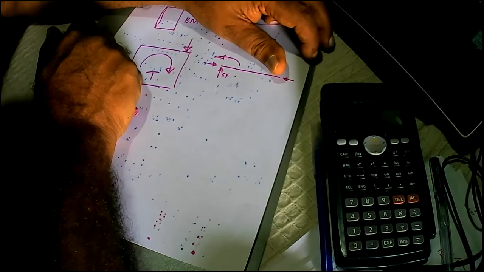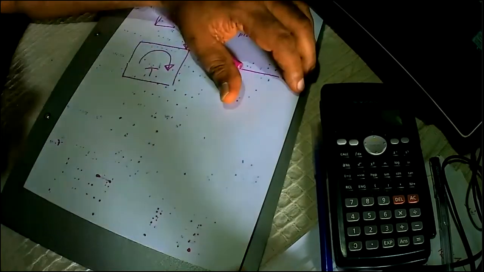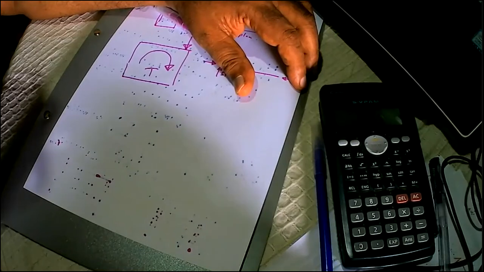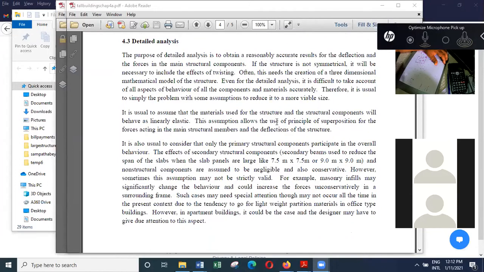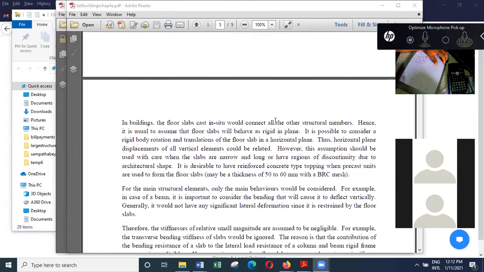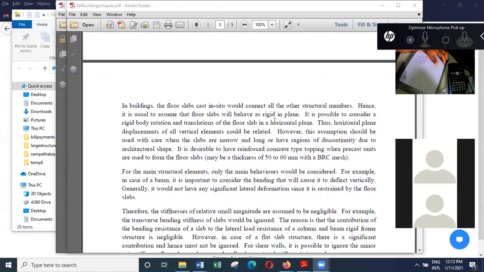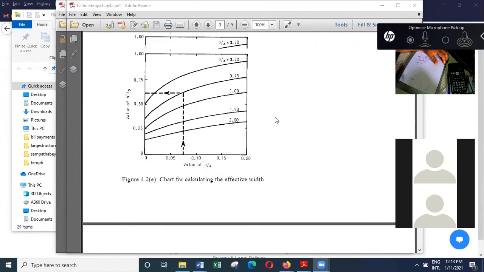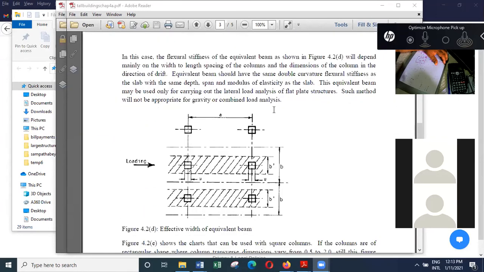So that's the summary of this note, and I'll upload it. You can just go through it. It just gives some useful information that can be used by you when you are doing 3D modeling of structures.